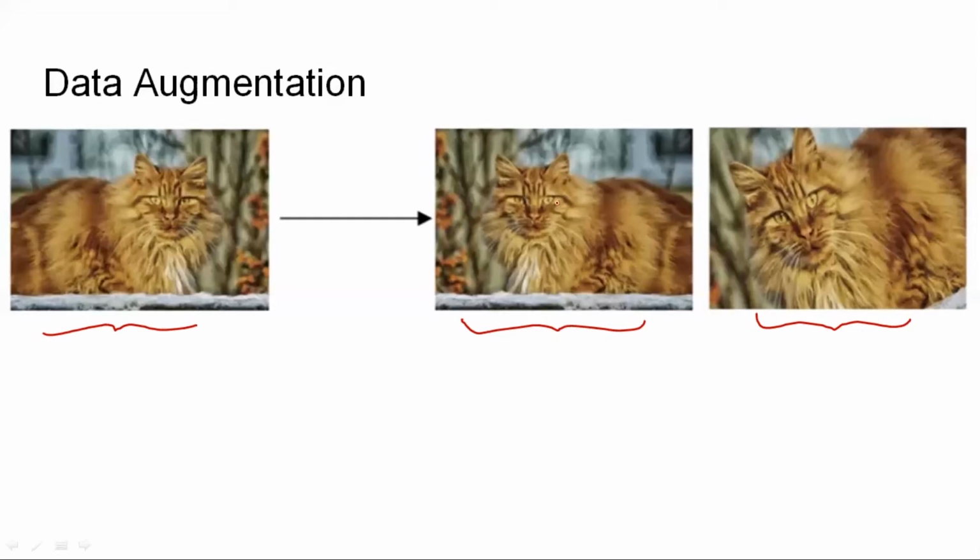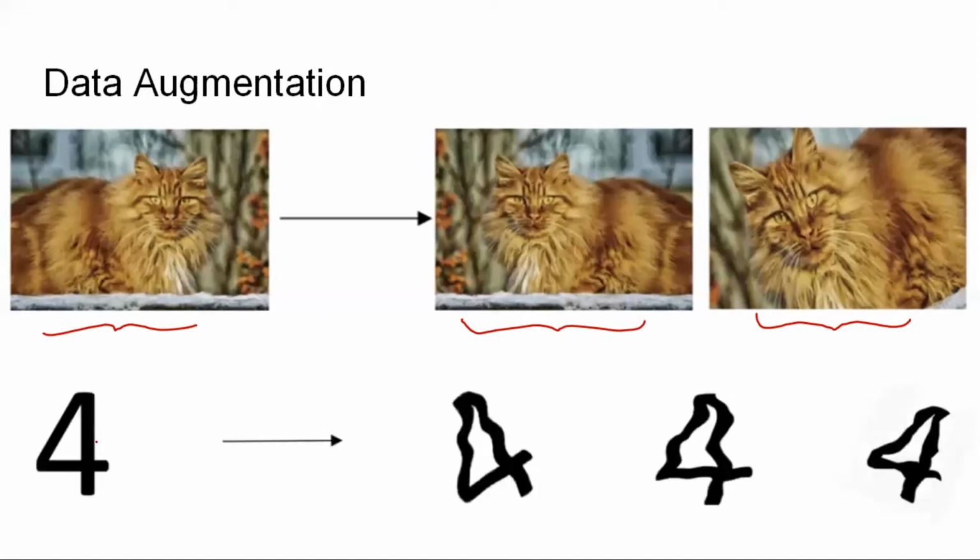Now, the data augmentation thing can also be used when you are solving the problem of digit recognition. Suppose here you have the digit 4, and you can make a variety of data points using this original image. So I have some distorted samples of this image. One thing to be noted here is that the distortion in these samples should not be a very high amount of distortion.